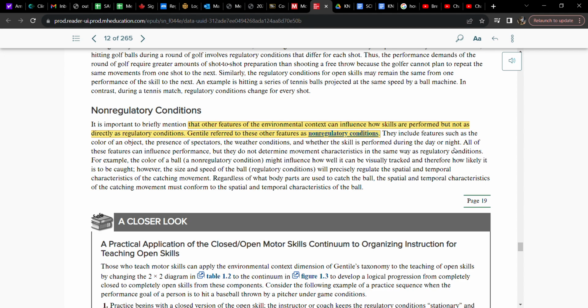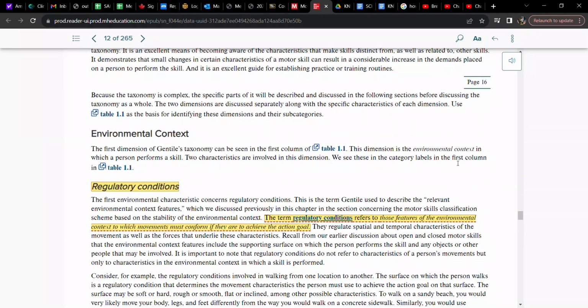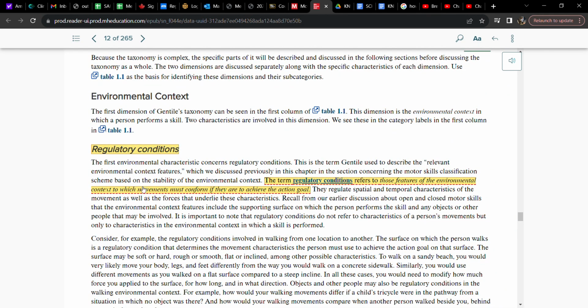Those are non-regulatory conditions versus regulatory conditions, which are features of the environmental context which movements must conform to, right? So, like I said, if the ground itself is a little uneven, your movement has to conform to that. Now, it says weather conditions, but I would argue that sometimes with wind, that could be a regulatory condition if you have to move a little bit differently in order to compensate for that wind.